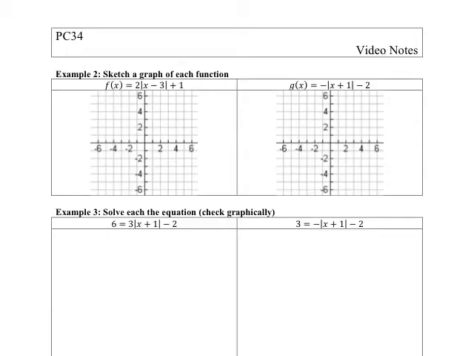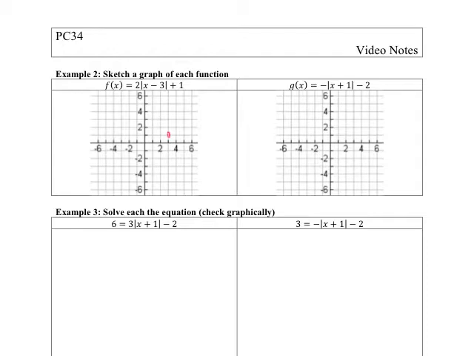All right, now what we're doing is we're going to go from an equation to a graph. So with this equation, I see that I've moved to the right 3. So 1, 2, 3, and then I go up 1. So I know that my vertex is now at that point right there.